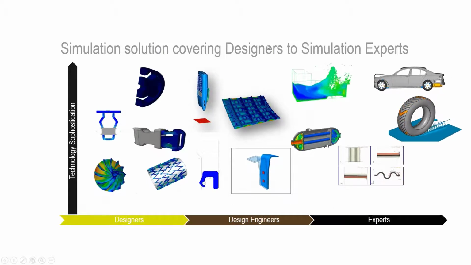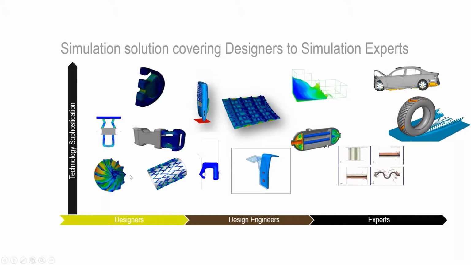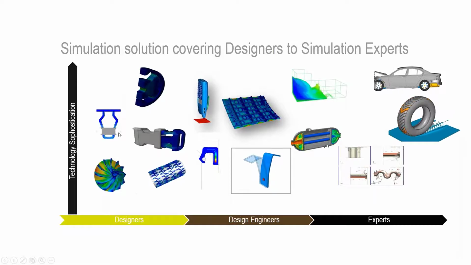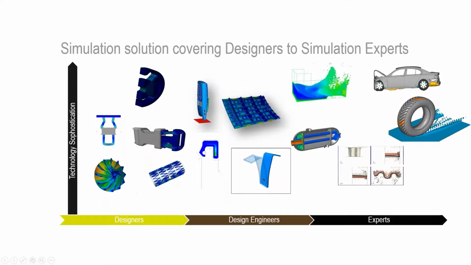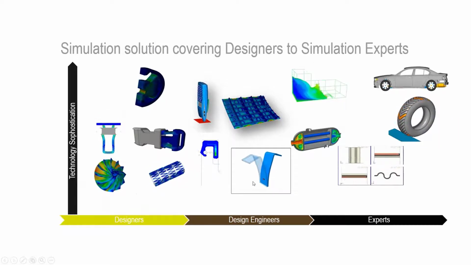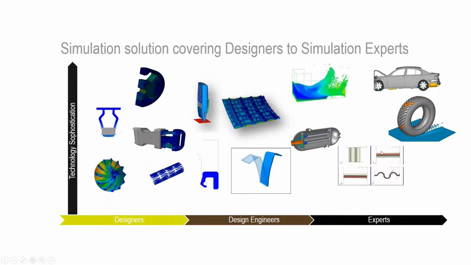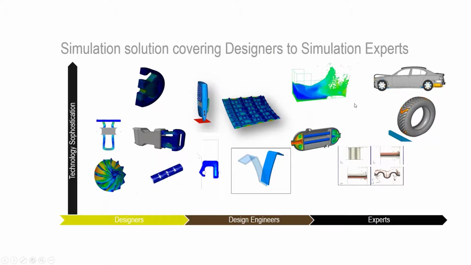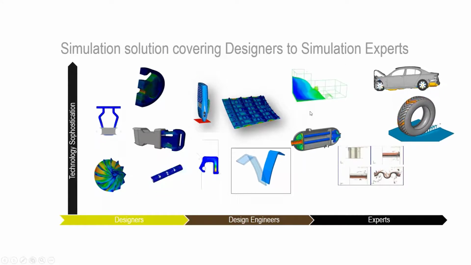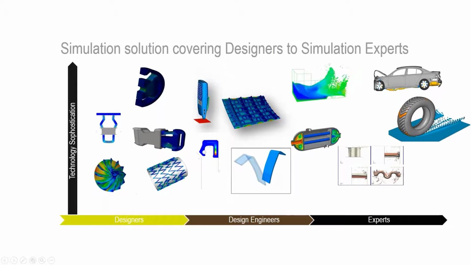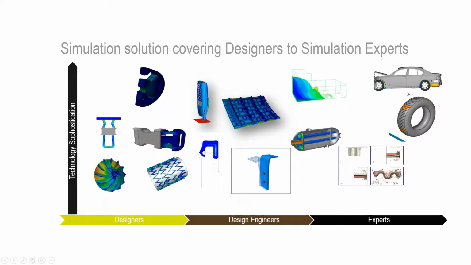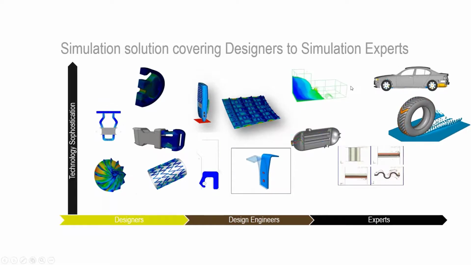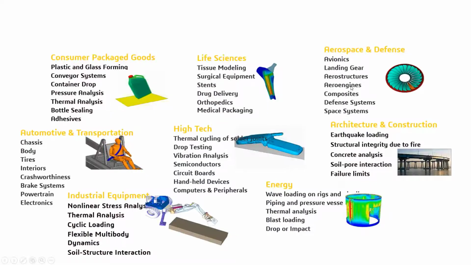So a complete set of simulation tools will of course be a big need for more routine types of analysis, but many of our customers also see a need for more sophisticated types of analysis, where we see some of the multi-physics or crash events, which certainly fall into the category of very advanced analysis.